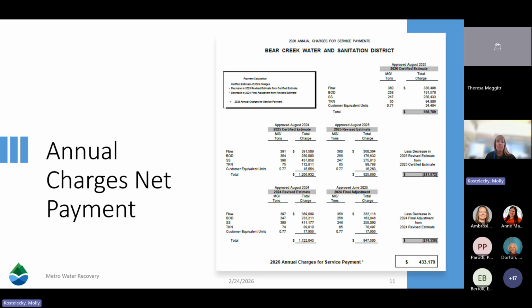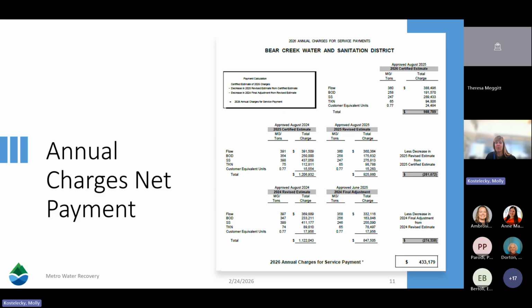So many of you may have seen these annual charges per service net payment calculation. This is included in our budget document, as well as probably is provided to the connectors on a regular basis. But this is that calculation to get to the 2026 net payment amount for Bear Creek. And then this is the amount that Bear Creek is paying this year.